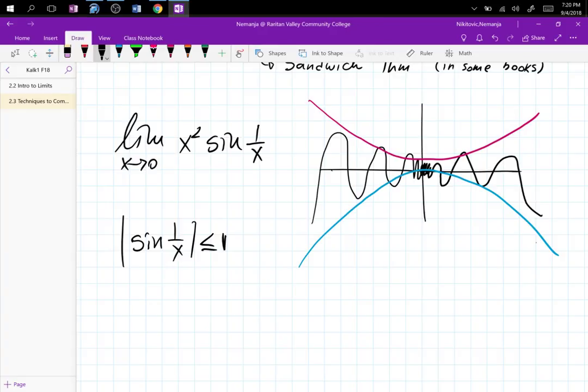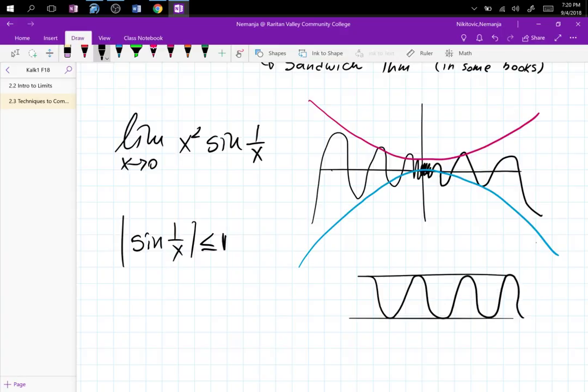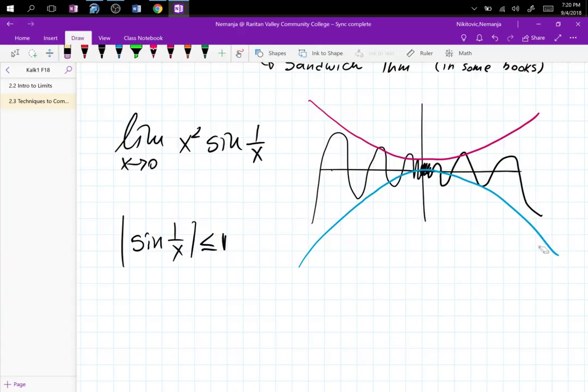So the entire sine function, or cosine for that matter, is a wave that is always trapped in between -1 and +1. So now we can write that as sine 1 over x in between -1 and +1.